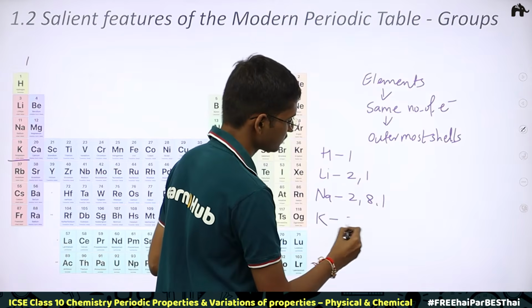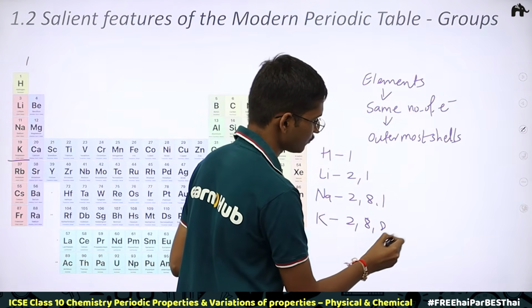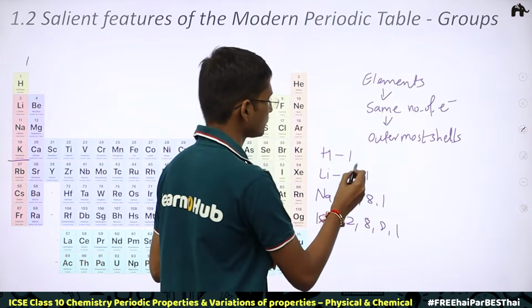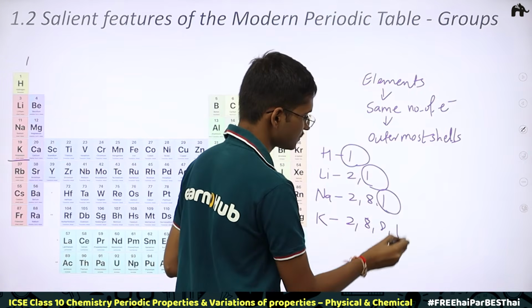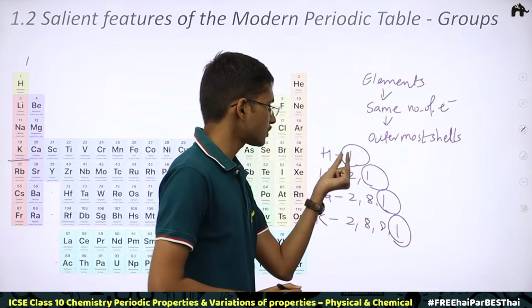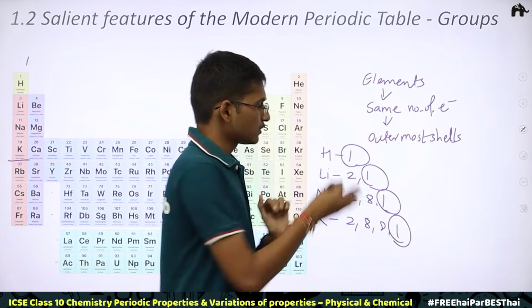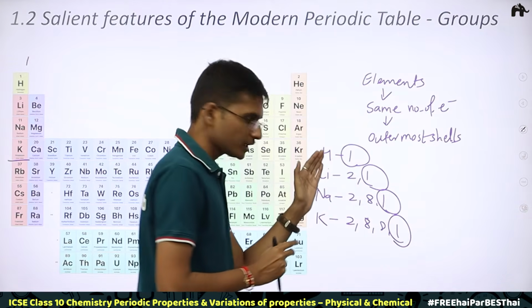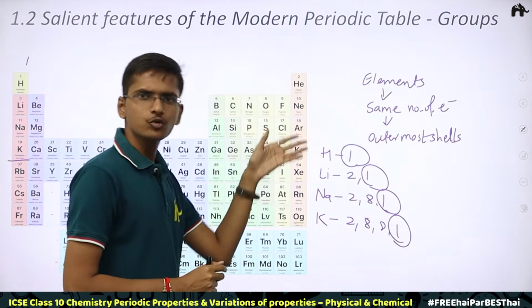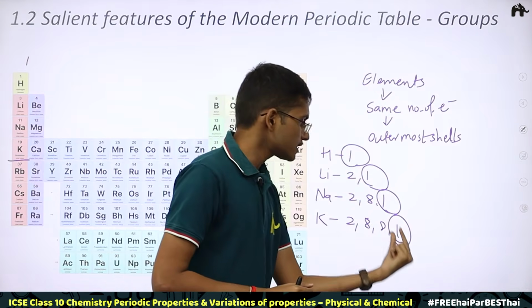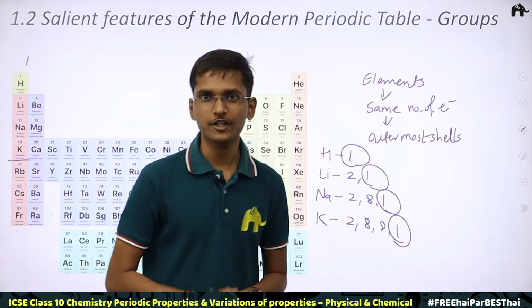Potassium has 4 shells, electronic configuration is 2, 8, 8, 1. Now you can see the outermost shells and the electrons present in the outermost shells are given here. So all these elements are of the same group, and see here their outermost shells have the same number of electrons.